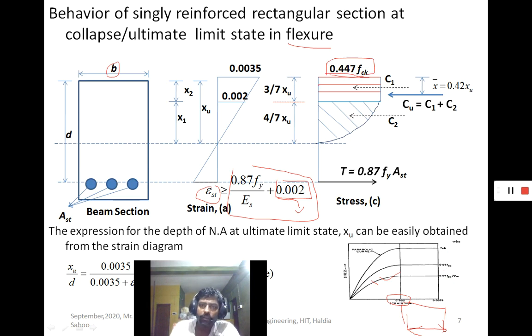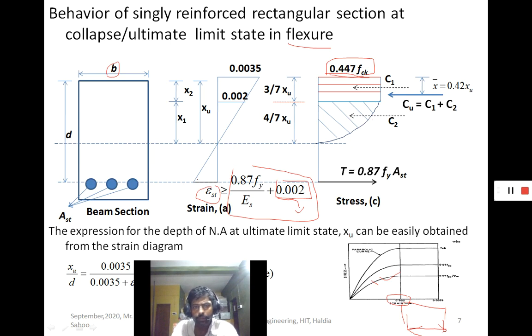So this stress block has two parts. One is called the rectangular stress block, another is the parabolic stress block. You see that here the entire tension is taken up by the steel, not by the concrete, so the tensile strength of the concrete is ignored.